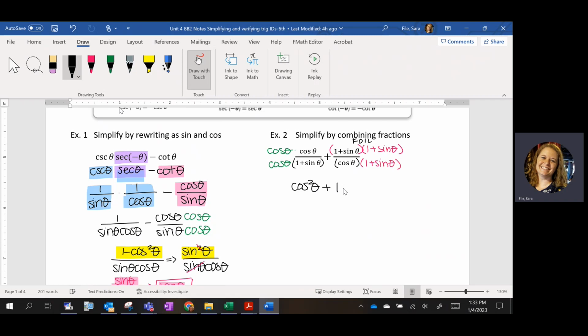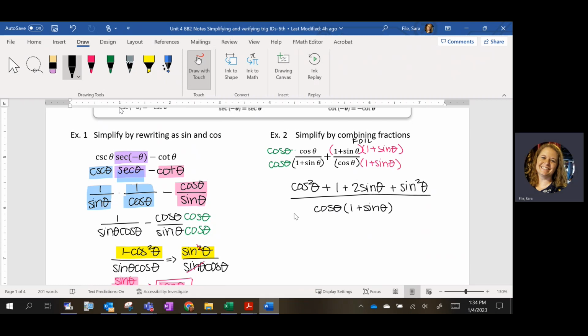So 1 plus 2 sine theta plus sine squared theta. Are y'all okay with how I got my numerator? Okay. My new common denominator, I'm going to leave in this factored form. I'm not going to distribute that.